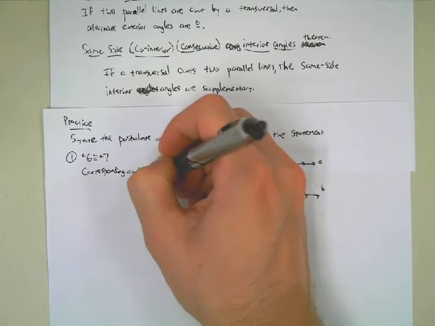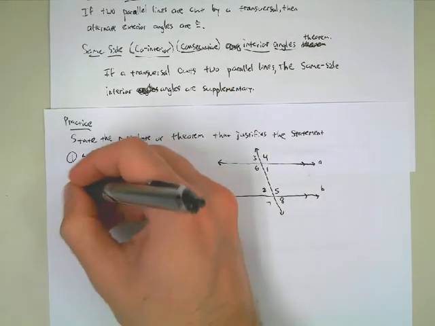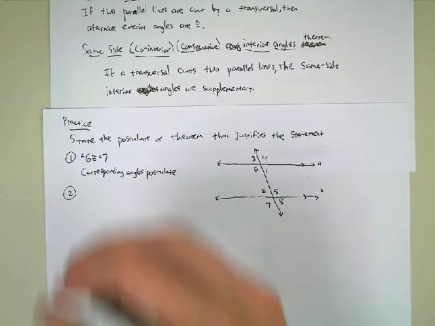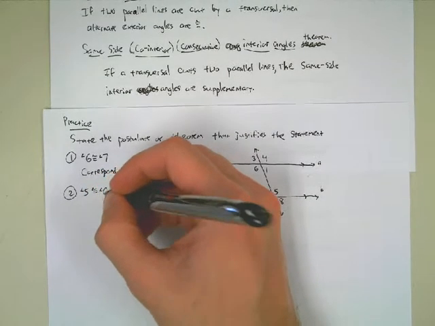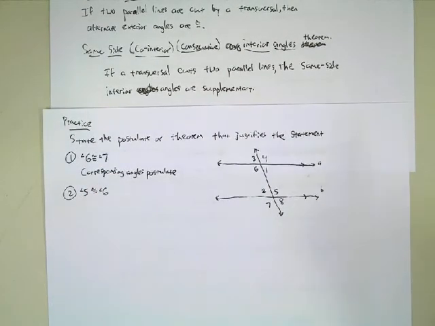Okay, good. How about angle 5 is congruent to angle 6? So 5 and 6. What theorem or postulate can we use there to say that they are congruent?